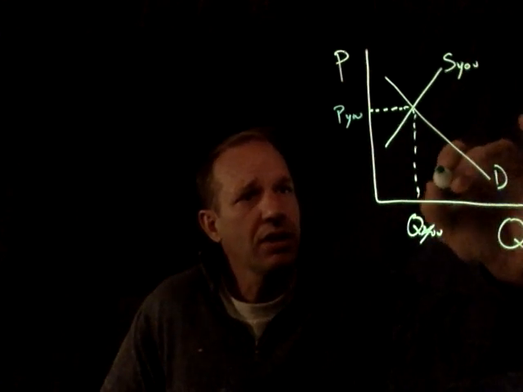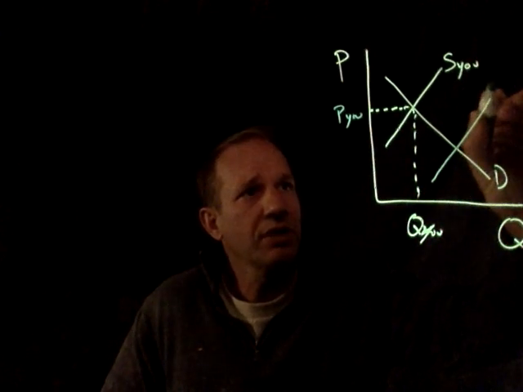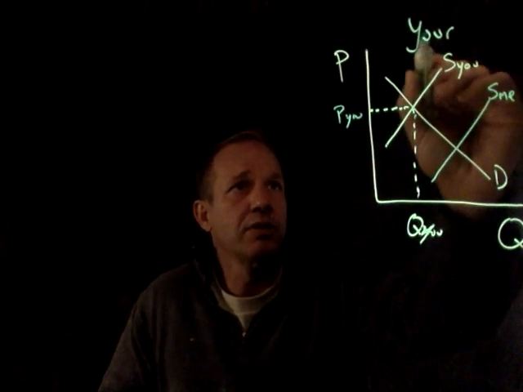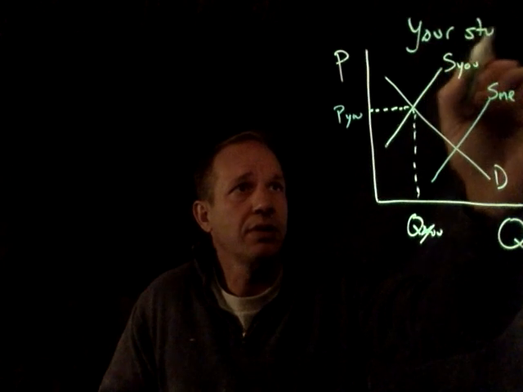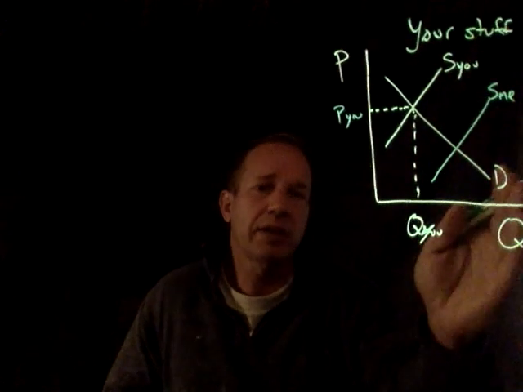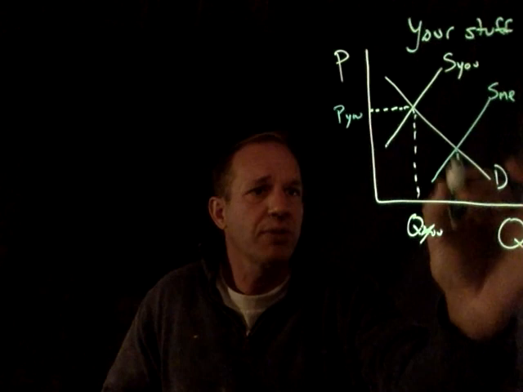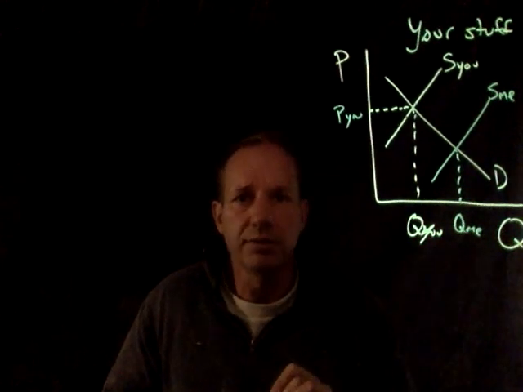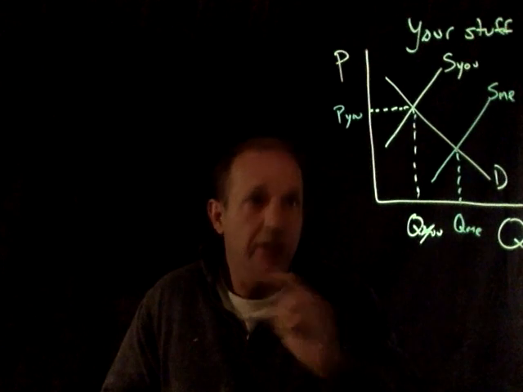So my supply curve of your stuff, the supply curve for me of selling your stuff, is some greater supply curve. So I would supply a lot more of your stuff to the market than you would, right?